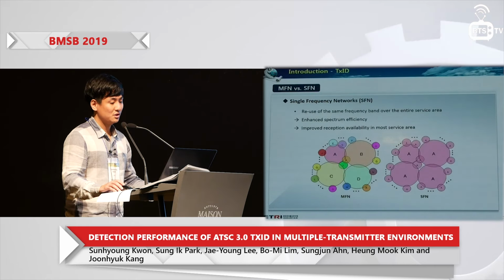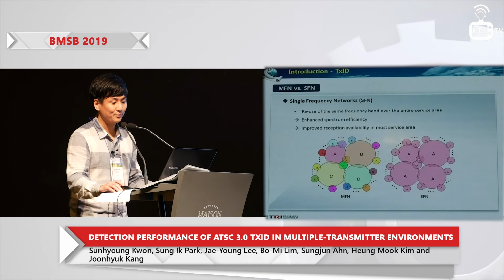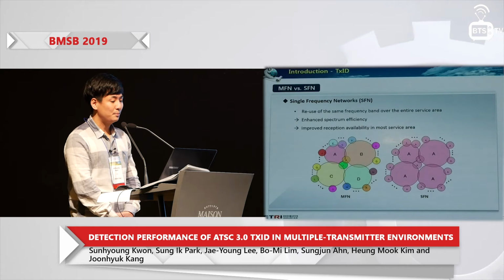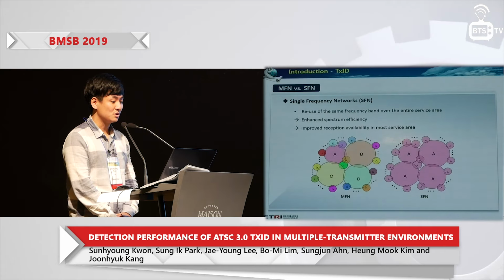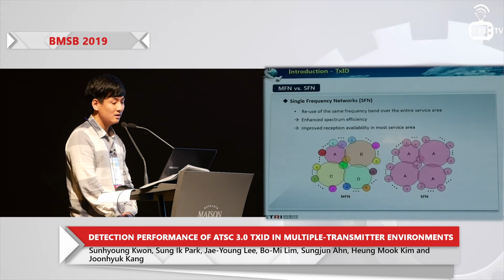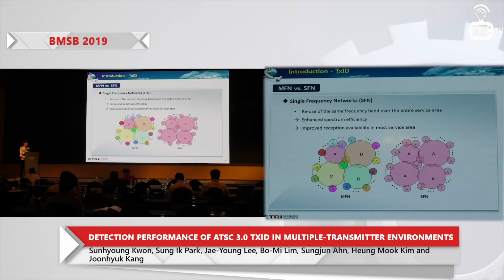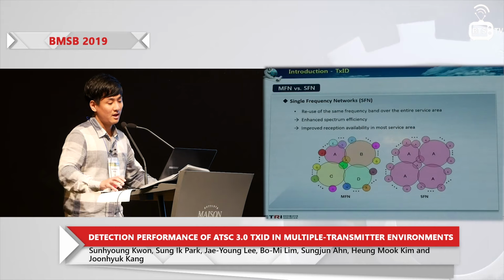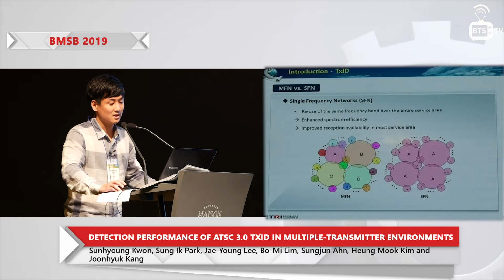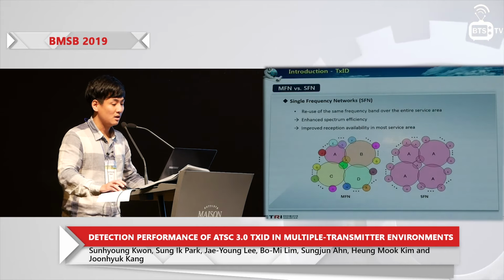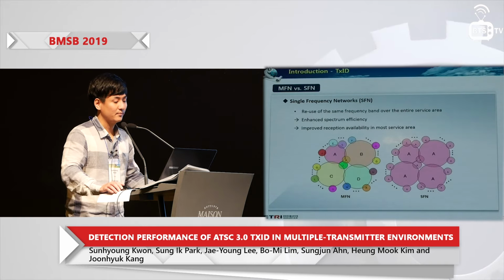In the first generation of digital terrestrial broadcasting, such as ATSC 1.0, the multiple frequency network was commonly used because the design and management of the network is quite convenient, and both transmission and reception sides are easy to implement. However, as you know, such a multiple frequency network is a very inefficient way in terms of spectrum usage.